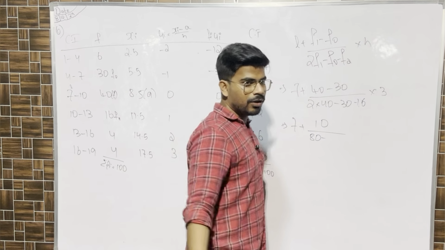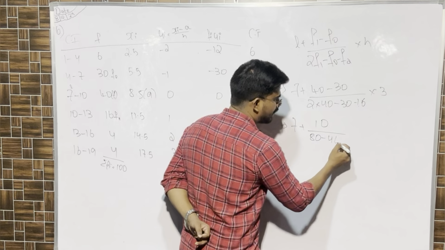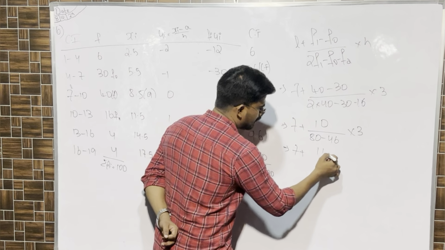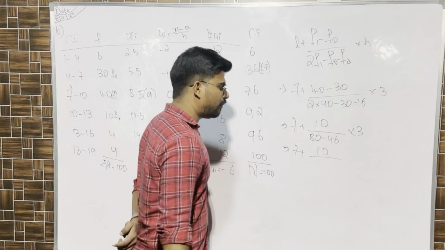This is 16, right? So minus 46 into 3. 7 plus 10 divided by 34.